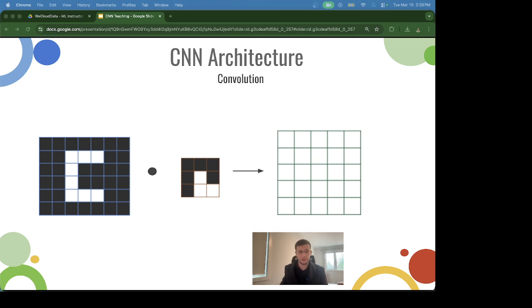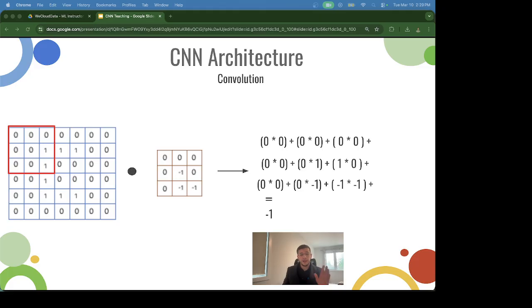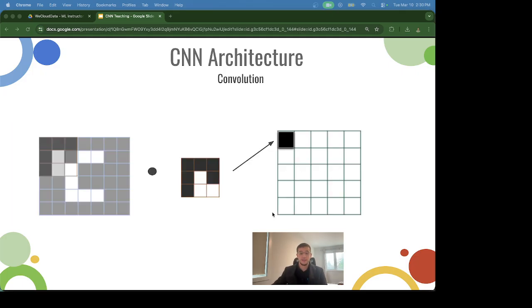Here's how it works. You slide this kernel and you compute the dot product. The dot product is stupidly easy. You're taking 0 times 0 plus 0 times 0 plus 0 times 0, etc., and you get a single value. Now your output is that single value.